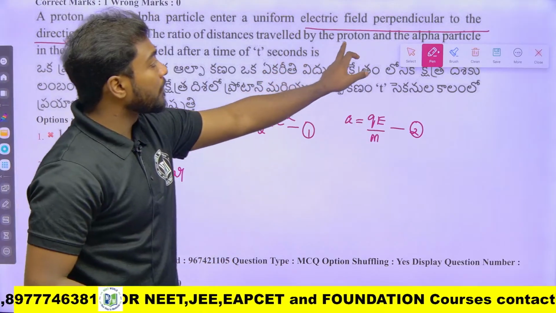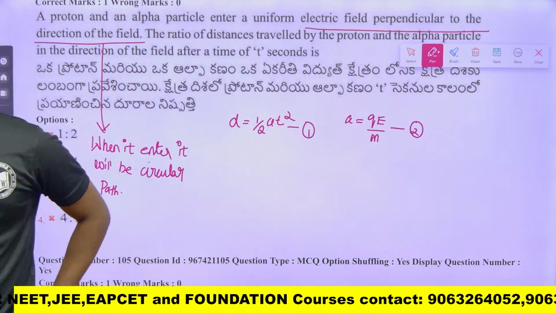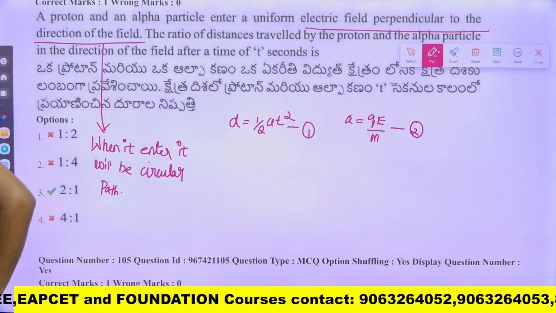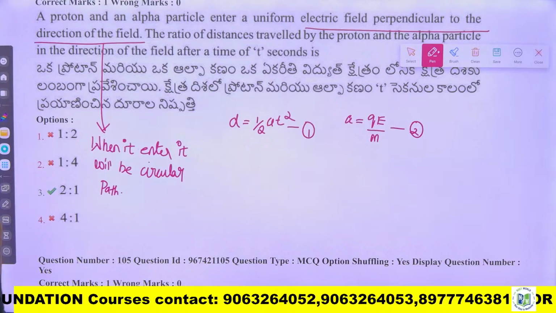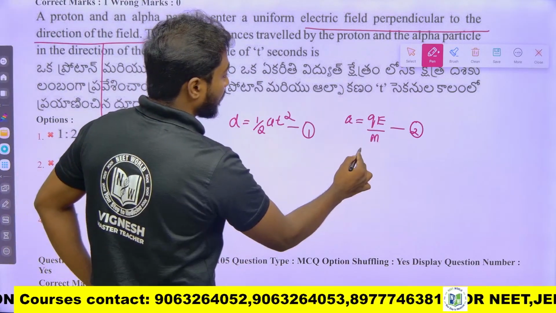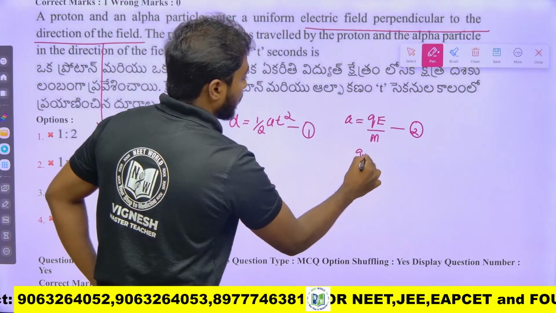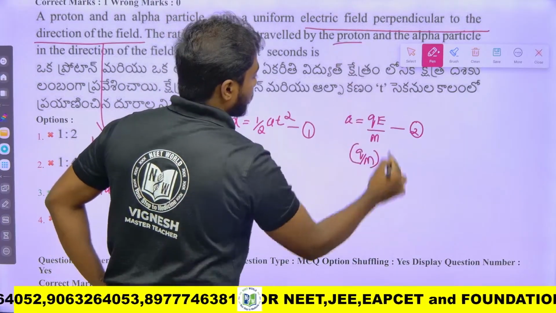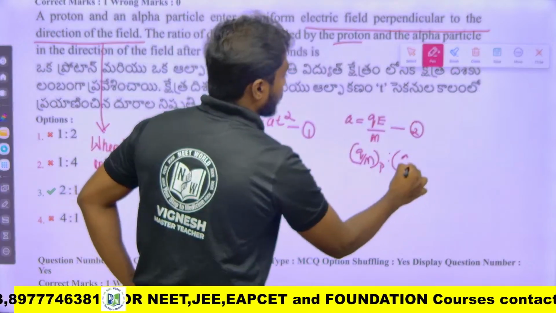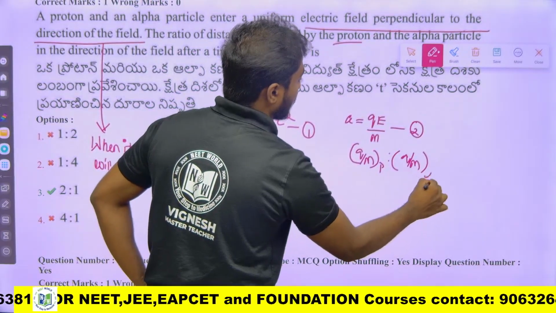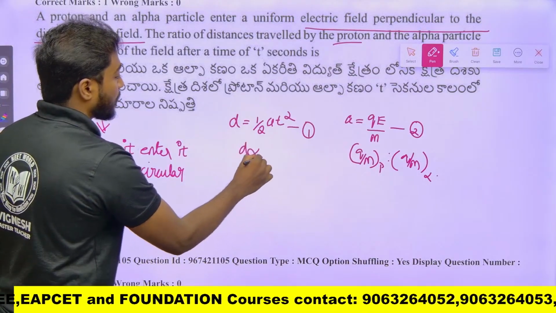They have given one thing is proton and one thing is alpha particle. Take a look at this question and try it out and tell me the answer. See, I can say q by m for proton, that is 1, is to q by m for alpha, which is directly proportional to, d is directly proportional to acceleration.